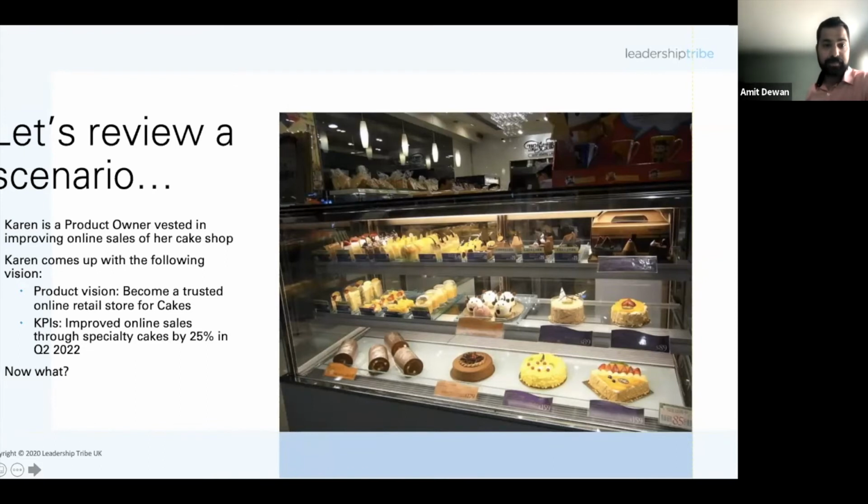Why trusted? I just came up with this because I feel like that's Karen's vision. Ask her, I don't know. But again, I'm not going into too much of the verbatim here, but more focused on what's next. Did the competitors do something bad?